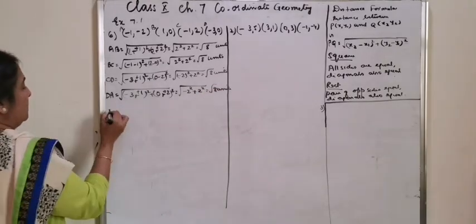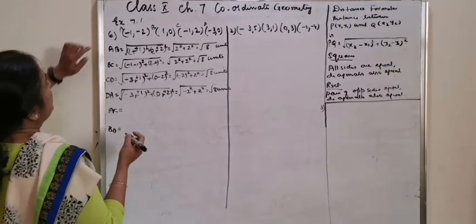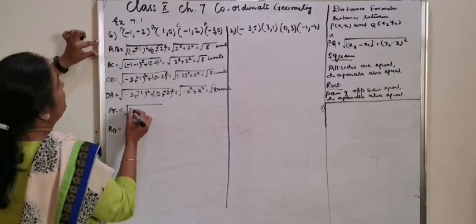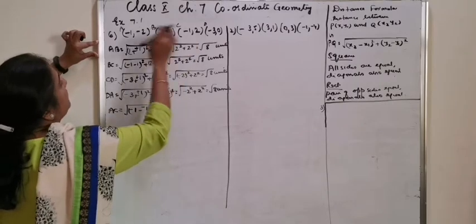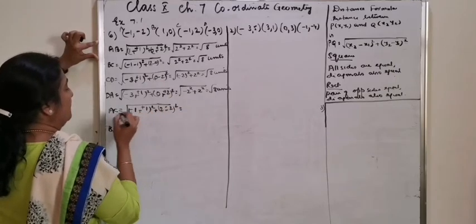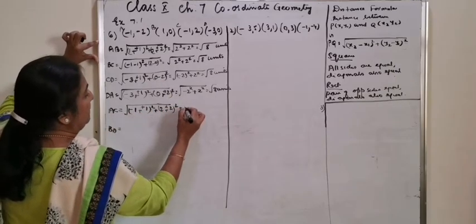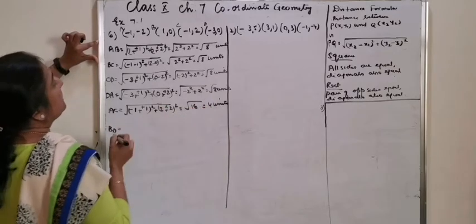Let's see the diagonals AC and BD. Diagonal AC is the same as the square root of (-1 minus -1) the whole square plus (2 minus -2) the whole square, root 16, which is equal to 4 units.